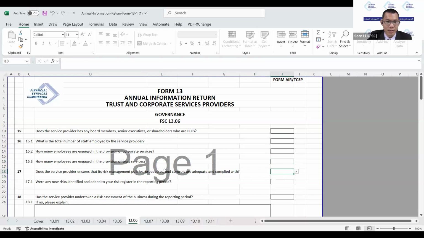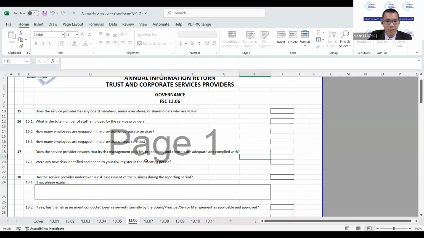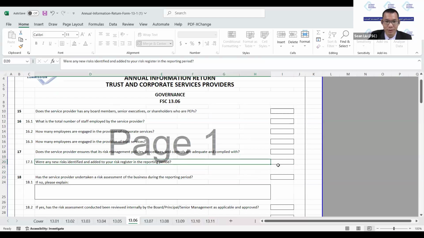We asked whether or not your risk management policies, procedures, and controls are adequate and complied with. Again, as I mentioned, some of these questions have drop-down boxes. Asked whether or not there were any new risks identified in your risk register.